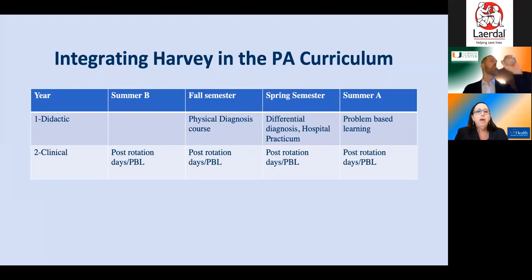And there we integrate problem-based learning, case-based learning using Harvey, and we use this and scaffold the advanced components of the curriculum. Again, I would mention the instructor manual and the student manual that Ross mentioned earlier. These have components that are already predetermined of how one can scaffold the different content areas that would best meet the needs of student learners.